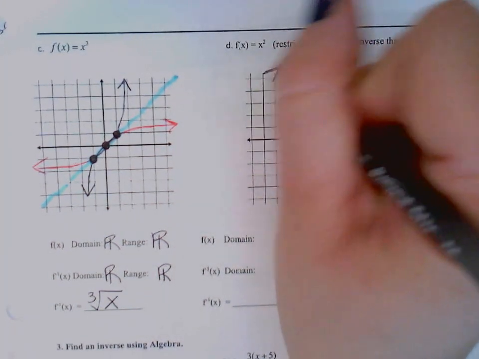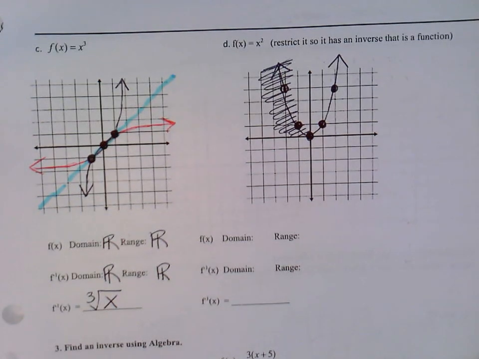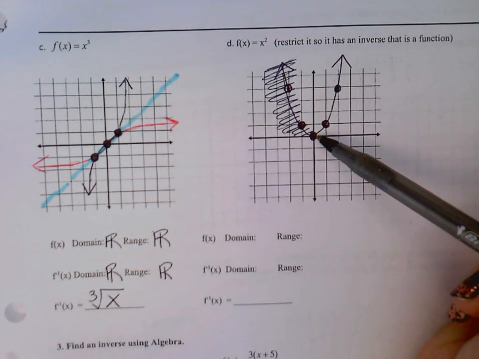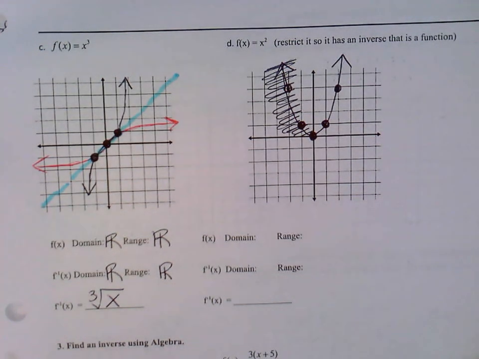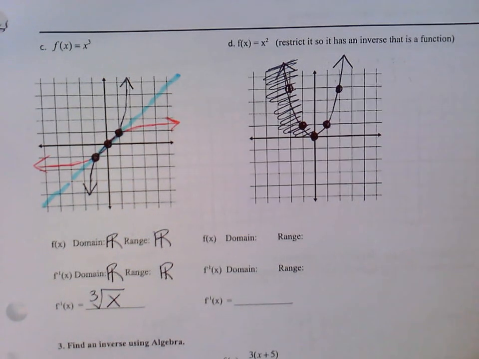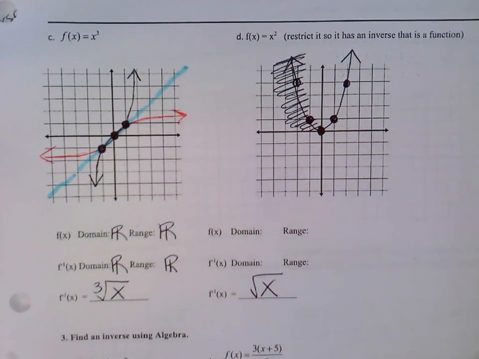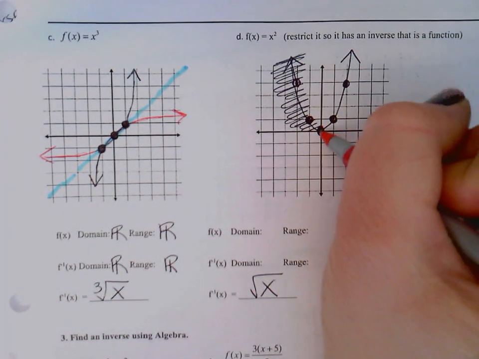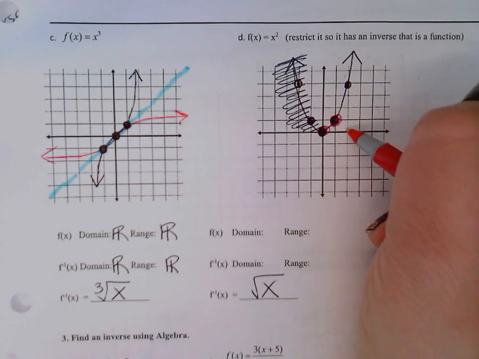For the sake of inverses, we're just going to remove that part of the graph, and we're only going to find the inverse of this side of the graph, and that's going to be your square root function. So the inverse is the square root of x, and that has key points at square root of 0 is 0, square root of 1, and square root of 4 is 2.